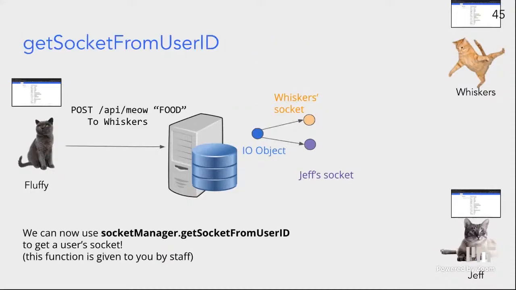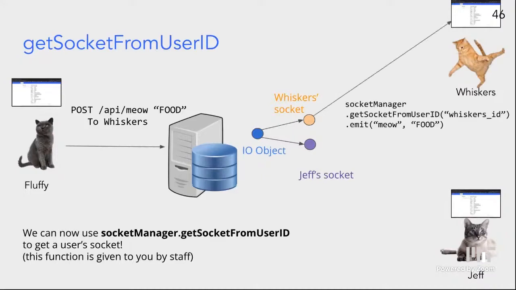And so when Fluffy sends a request to meow food to just Whiskers, we can call Socketmanager.getSocketFromUserID, another function we've created for you, which will look up that socket and get us Whiskers' socket, and we can now emit to just that socket and send a direct message just to Whiskers. Is that cool with everybody? I'm totally with it, a little bit confused. Awesome. Sounds good.